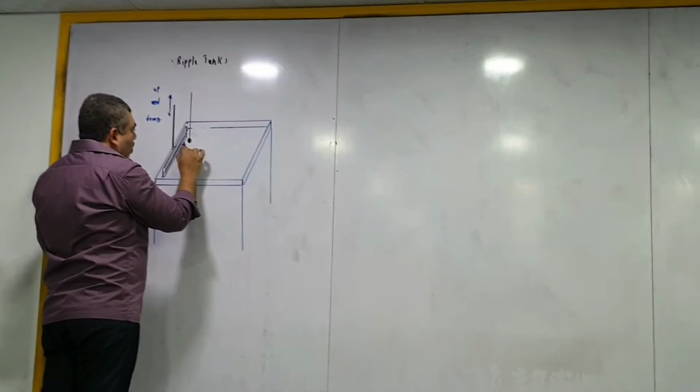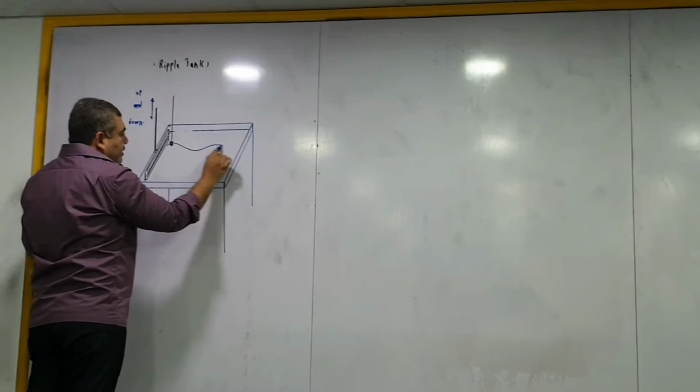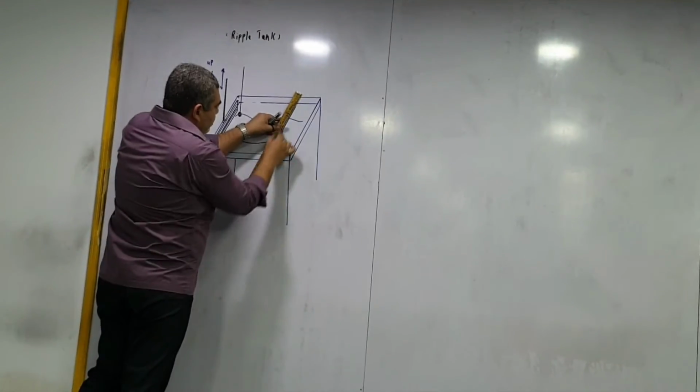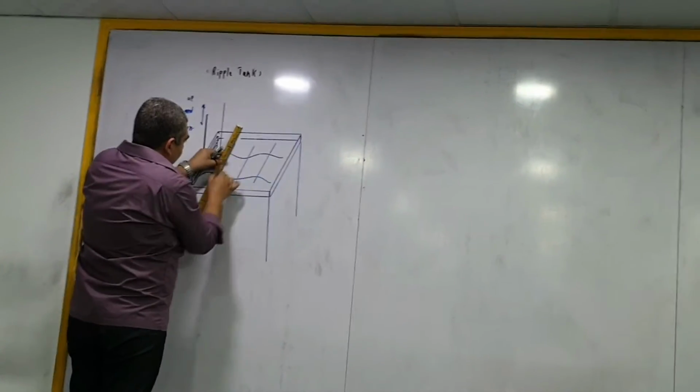You all know how waves are produced. They are produced like this. How wave fronts are produced. They are produced like this.